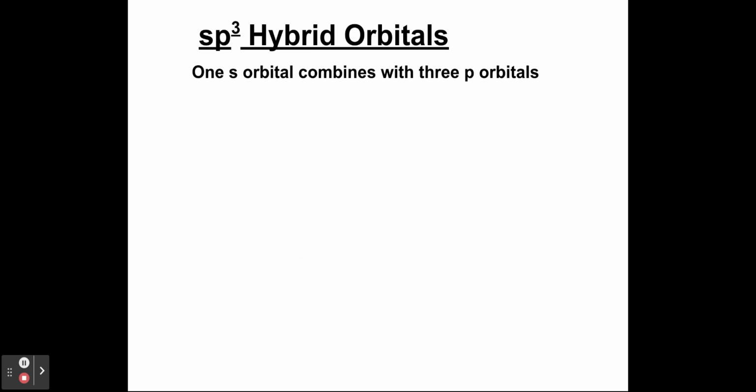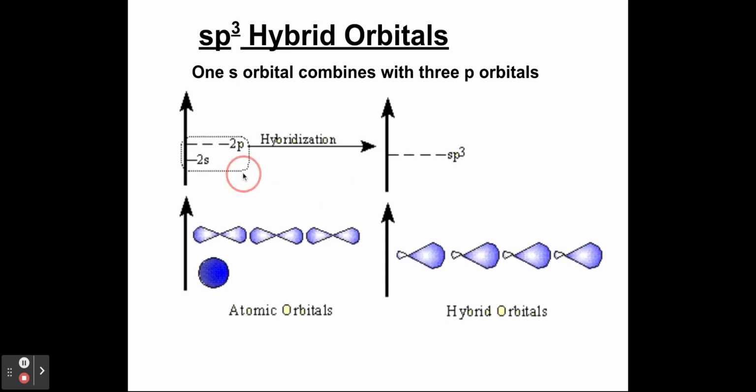And then the sp3 hybrid orbitals, that's where you take an s orbital and all 3 p orbitals, and you mix them together and you get 4 sp3 hybridized orbitals. So here we're going to take all 4 orbitals and hybridize them into 4 equal energy sp3 orbitals. The equal energy sp3 orbitals have an energy that's between the s and the p, higher than the 2s, but lower than the 2p.